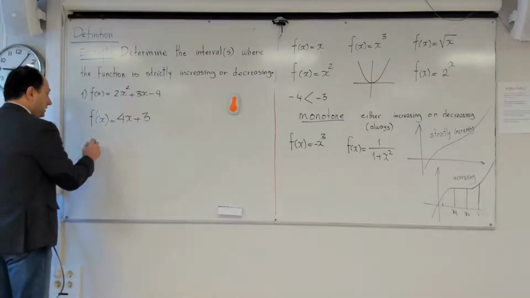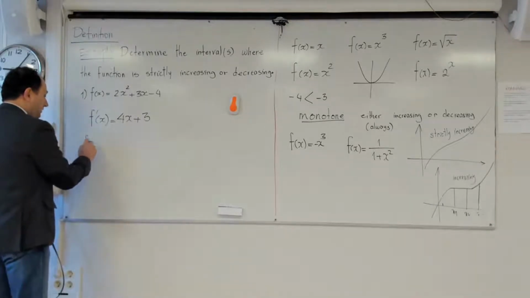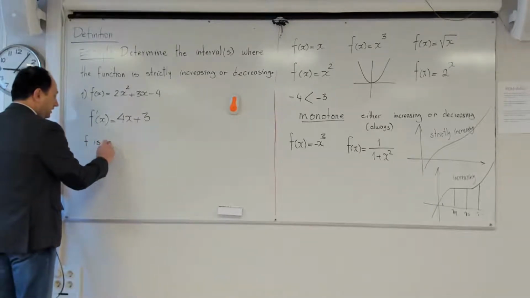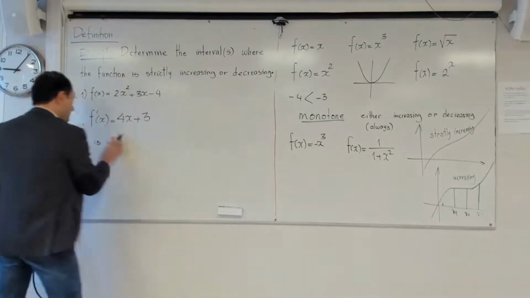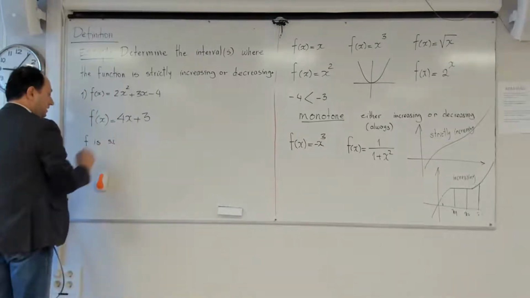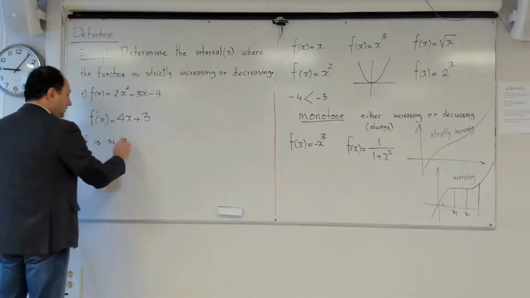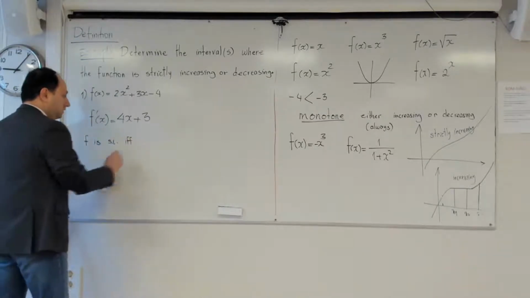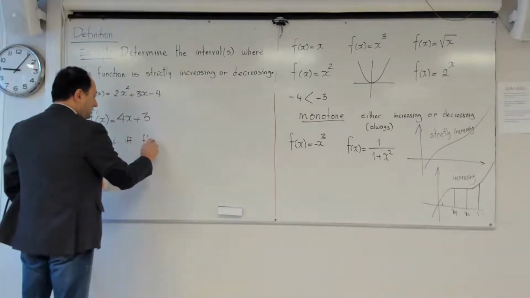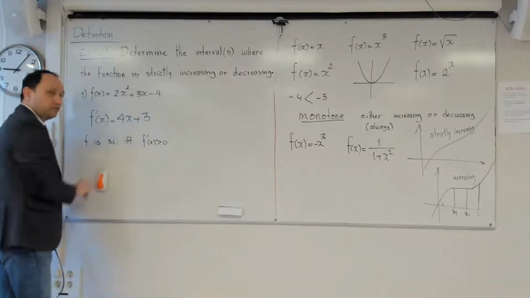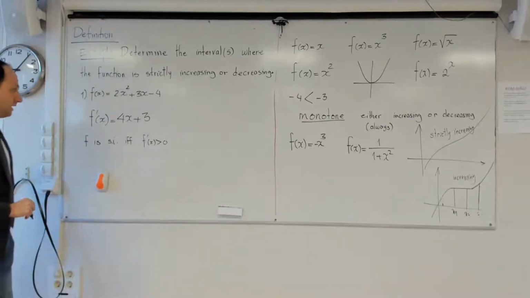Okay, so I would say that f is strictly increasing, let me write S.I., strictly increasing, if and only if the derivative of x is positive. IFF means if and only if.